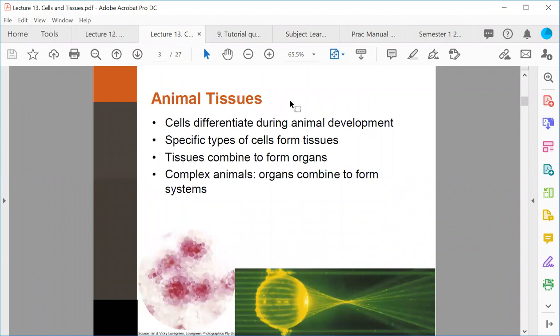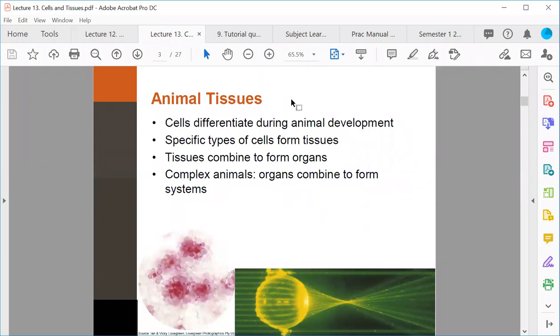And let's consider first an embryo. Whether it's a plant embryo or an animal embryo, that early embryo is just a mass of undifferentiated cells. That is, they're all the same. They don't have any specific function as yet. And then very early on during the development of the embryo, some of those cells will start to take on a specific form and function.